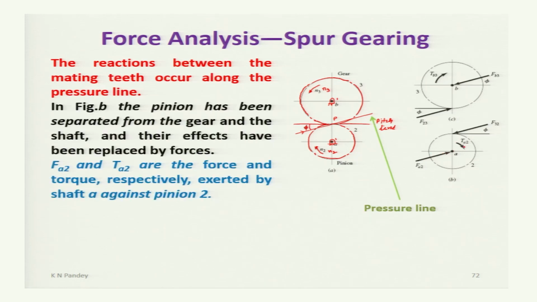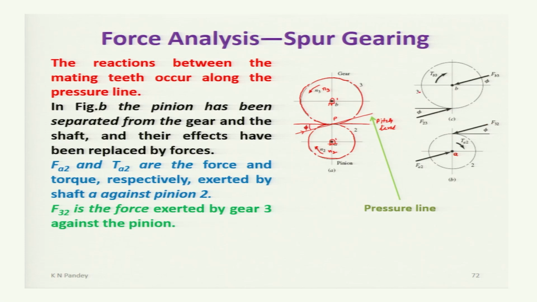FA2 and TA2 are the force and torque respectively exerted by shaft A against pinion 2. F32 is the force exerted by gear 3 against the pinion.